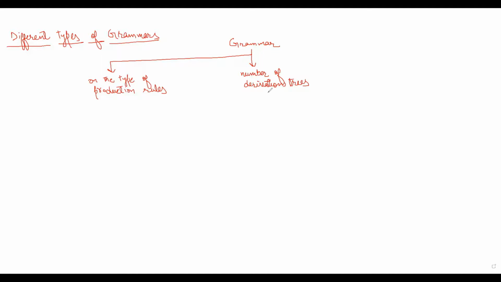And it can be classified based on the number of strings generated. Okay. So based on the type of production rules, the grammars are of the following 4 types.